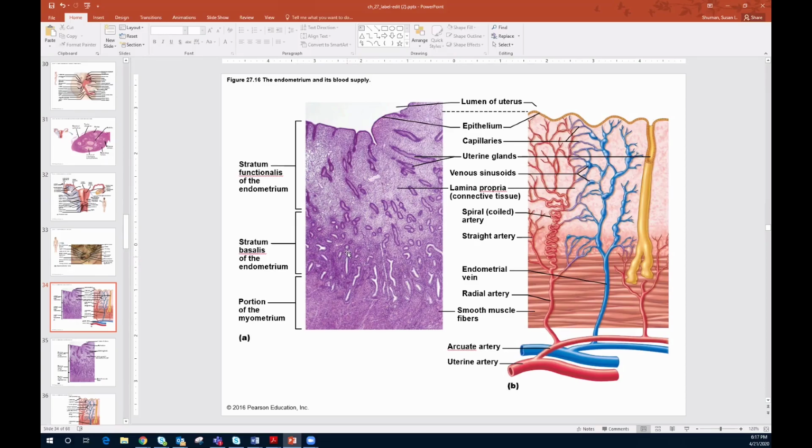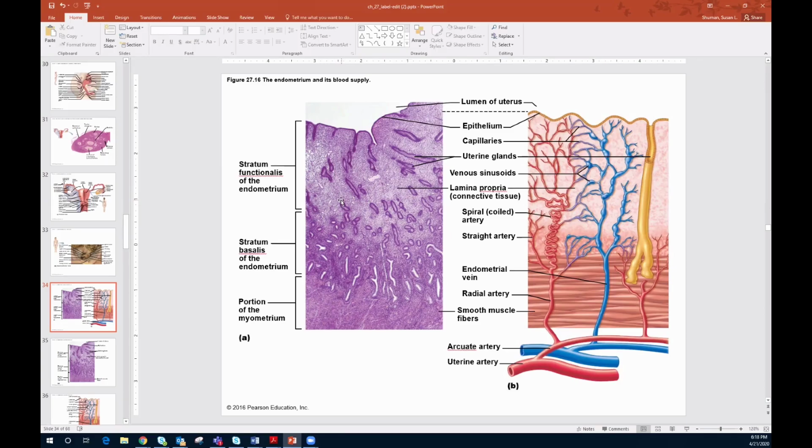It builds up the functional zone or stratum functionalis every month once you hit menarche. Menarche is when you hit the age of having periods, okay, going through that cycle. So the stratum functionalis' entire job is to become the mom's part of the placenta.